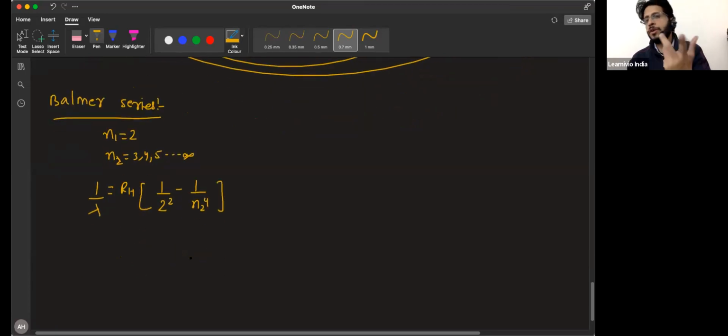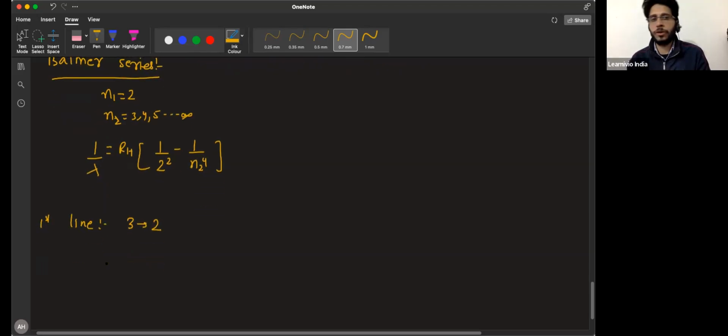Which transition will correspond to the first line, Faisal? First line, n equals 3. Yes, 3 to 2. This transition will correspond to the first line. So you can calculate 1 by lambda is RH times (1 by 2 square minus 1 by 3 square). Will this correspond to the minimum wavelength or the maximum wavelength?